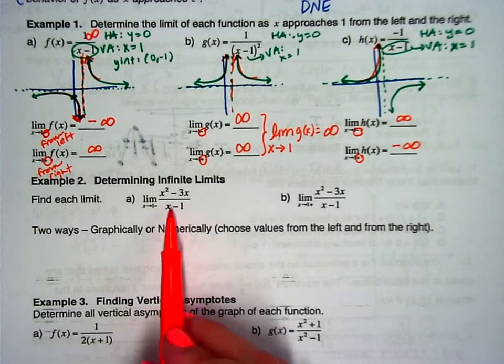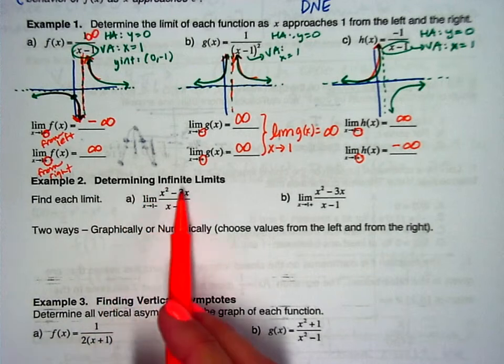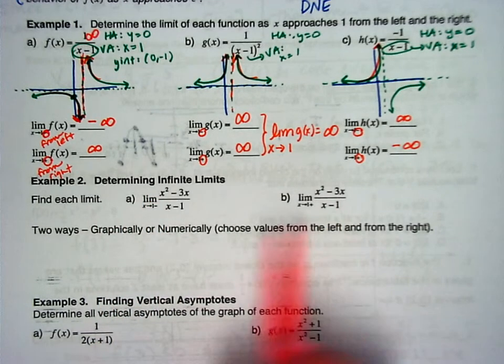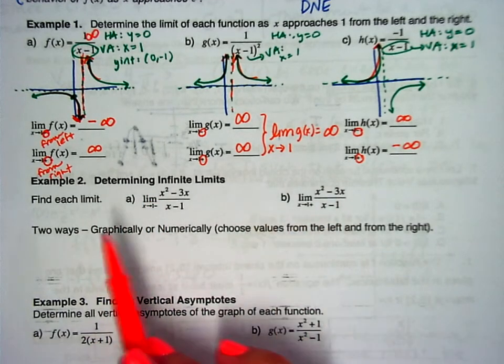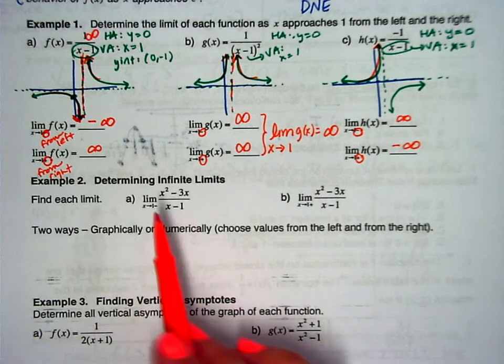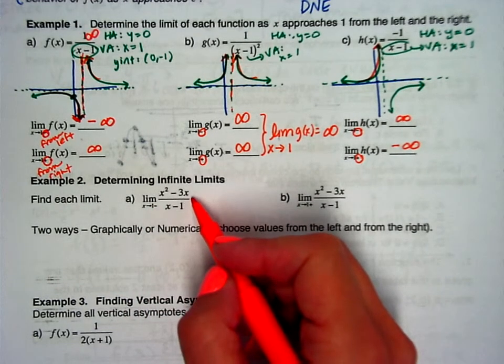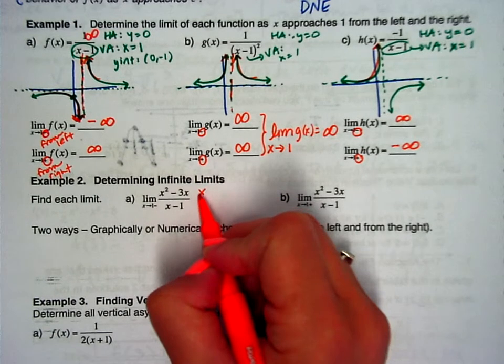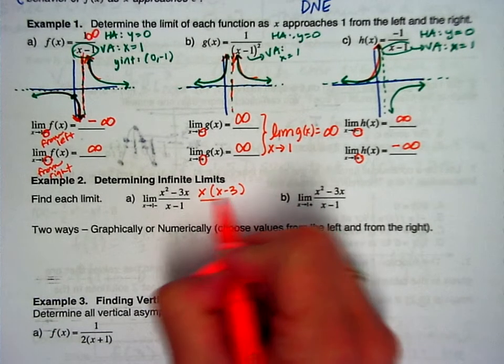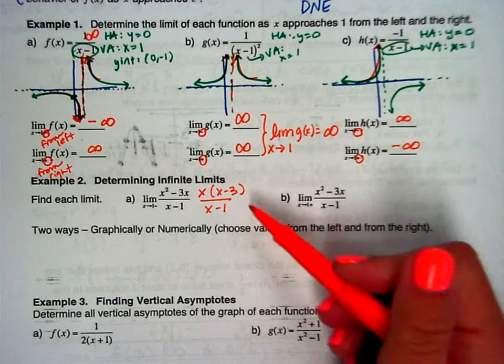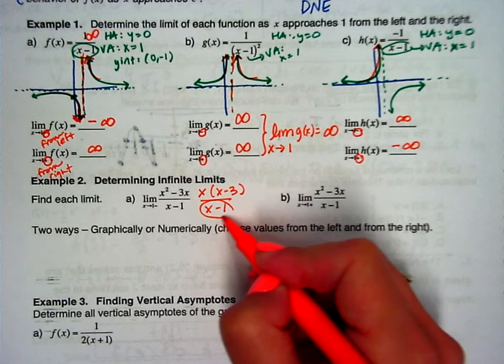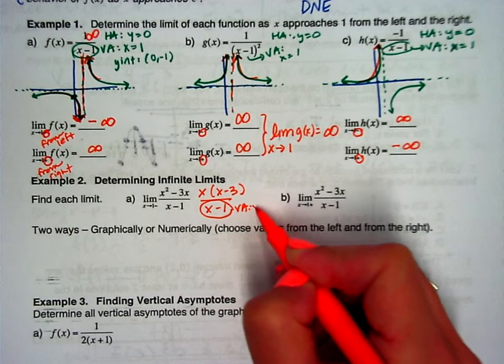So this is the same equation, x squared minus 3x over x minus 1. And I want to show you that you could do it either graphically or numerically and kind of get this idea, right? So let's start this first one graphically. So we can factor, right? x times x minus 3 over x minus 1. There's no hole, but I do have a vertical asymptote at x equals 1.